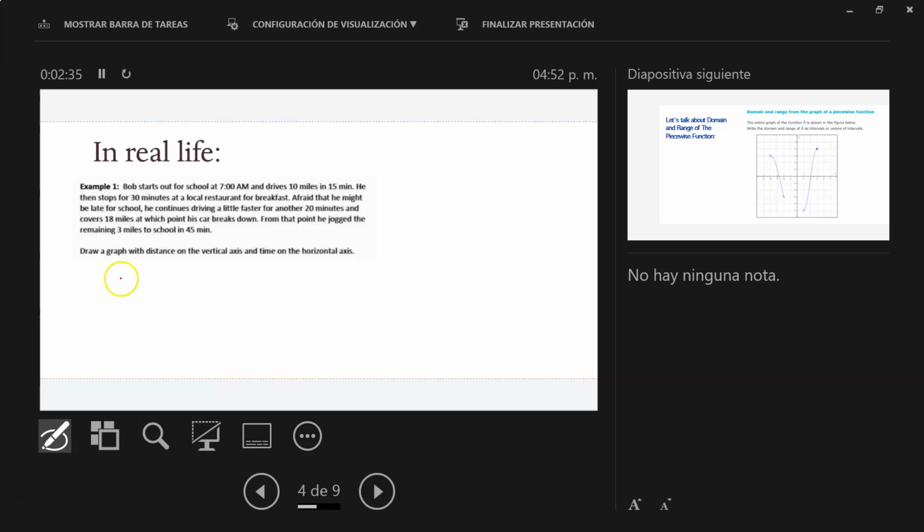So the exercise asks us to draw a graph with the distance on the vertical axis and the time on the horizontal axis. So let's say x is the horizontal axis and y is the vertical axis. So x is the time. He drives 15 minutes, and in those 15 minutes he completes 10 miles. Then he stopped for 30 more minutes.